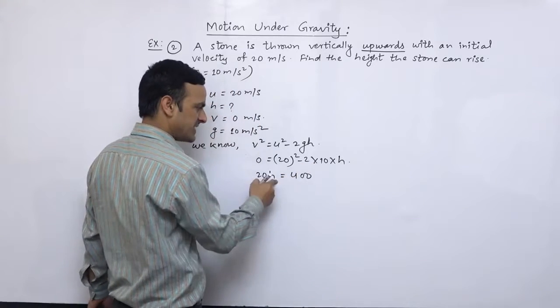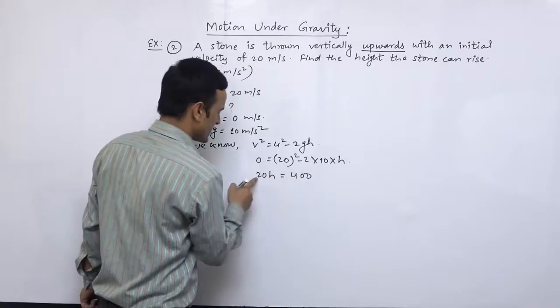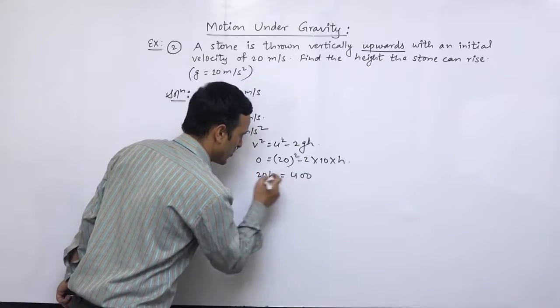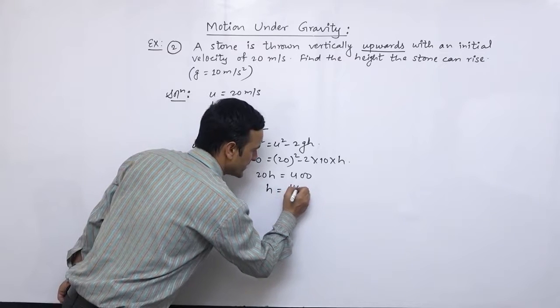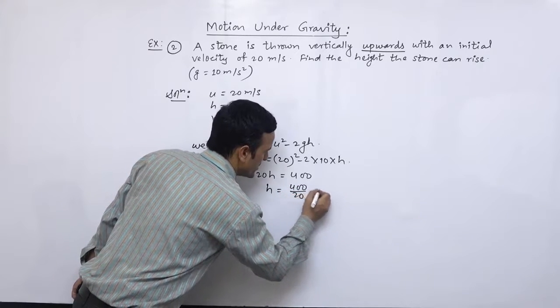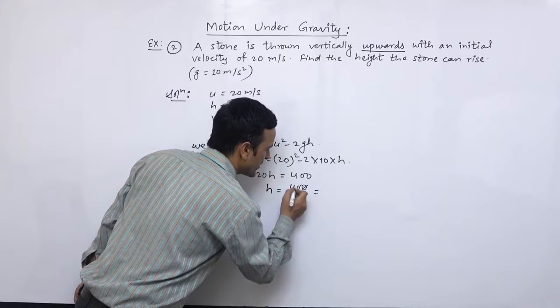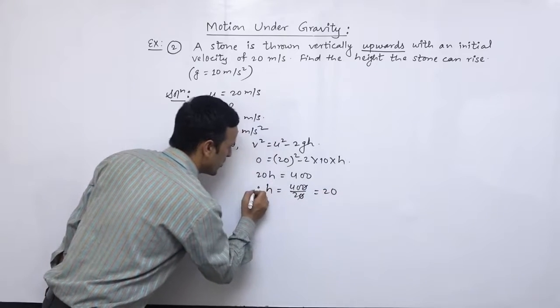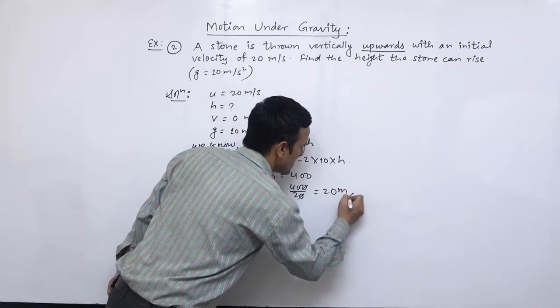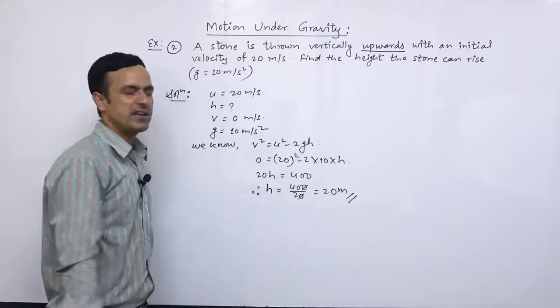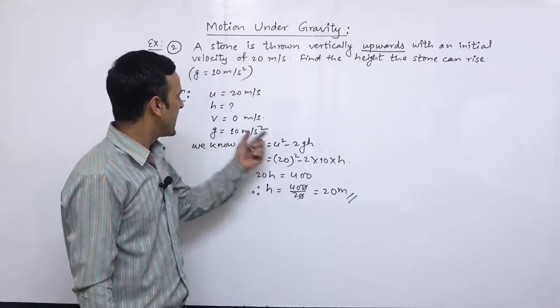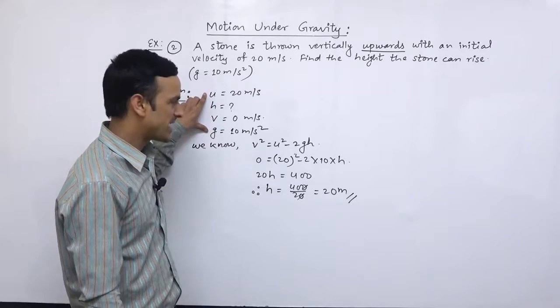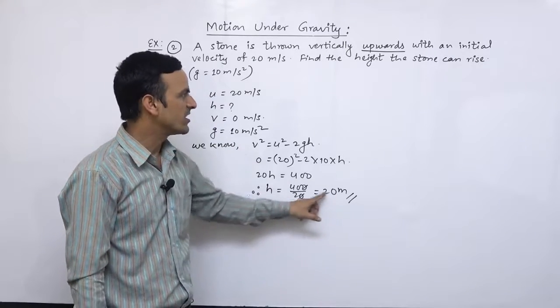Transpose 20 to the other side, and h means 400 divided by 20. So 0 and 0 cut down, and 2 20s are 40. So it is the maximum height attained by the stone. With the help of this formula and by using this provided information, we can find out the required result.